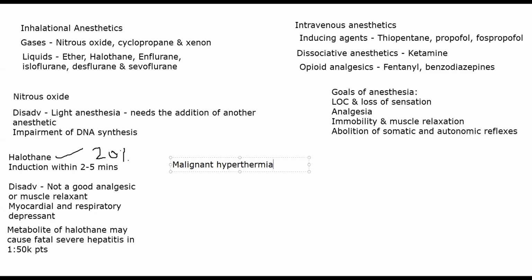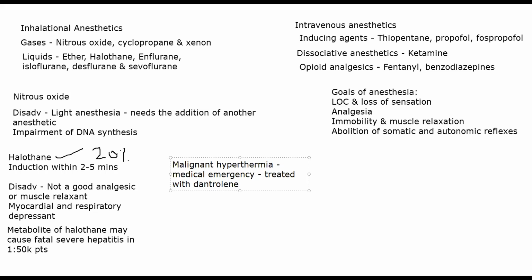Okay, it is called malignant because it will start damaging all of your internal viscera and organs. That is why it is called malignant. Right? This condition can be fatal. This is a medical emergency. And how you treat it: dantrolene is basically an antidote for halothane poisoning.